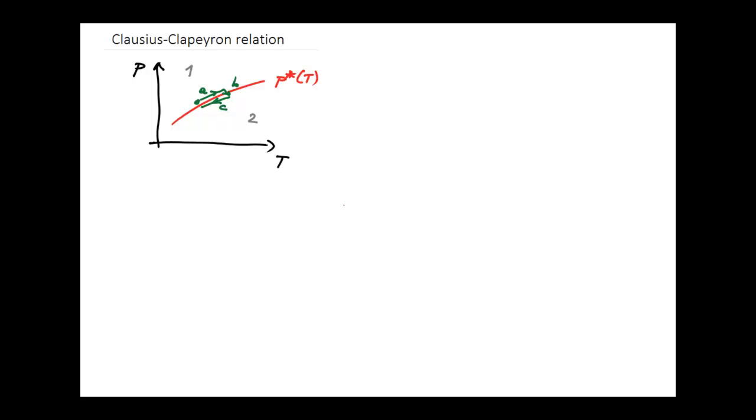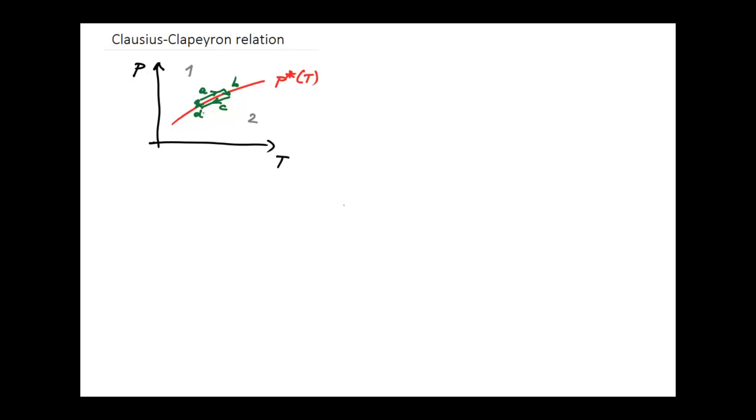And we are in phase 2. And then finally, in the last step, step D, we cross once more the coexistence curve, and we are back to the point where we started.